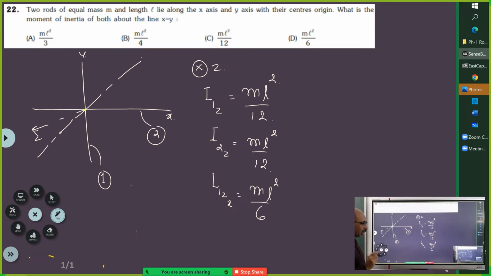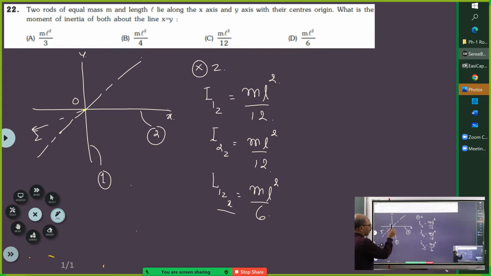Yes. So now see, a bit of imagination is necessary. So this Iz is along the axis which is perpendicular to this board and passing through this O, correct?